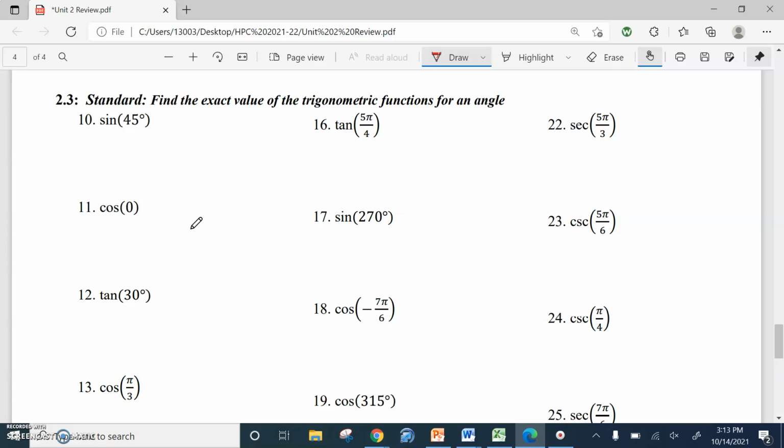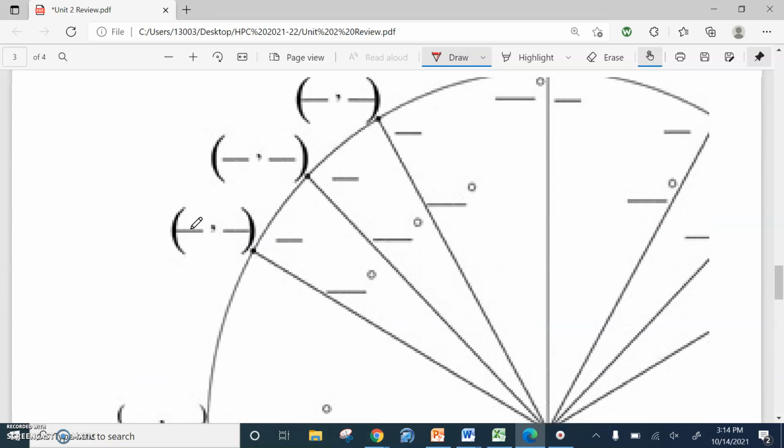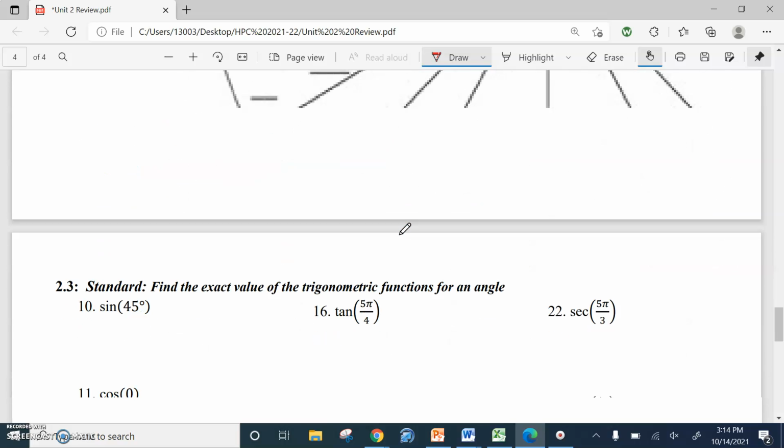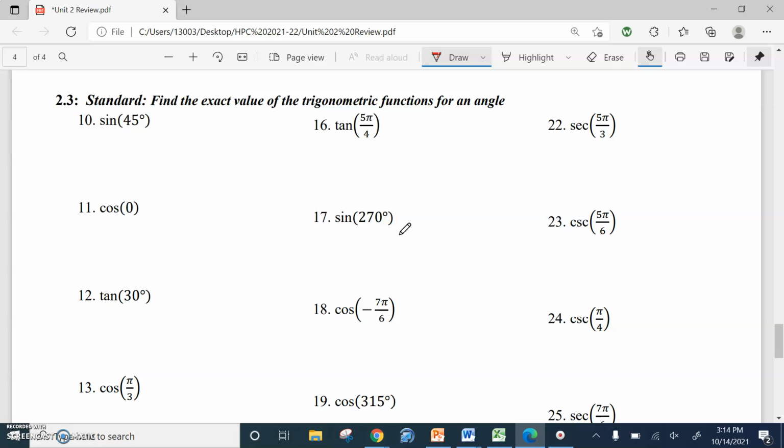Question 10, sine of 45 degrees. They're asking what is the ratio, kind of like we solved up here, where we had a particular triangle with particular side lengths. We want to know sine of 45 degrees.